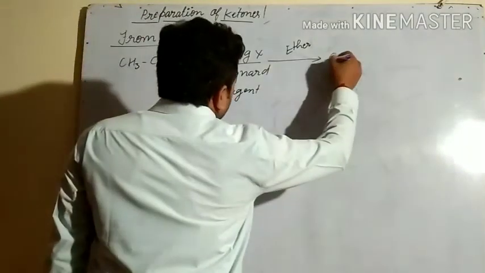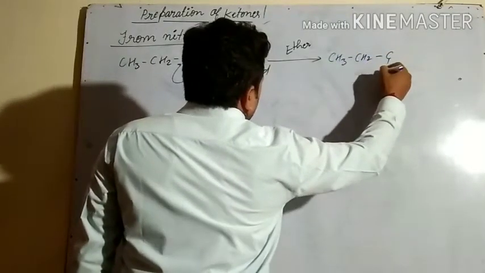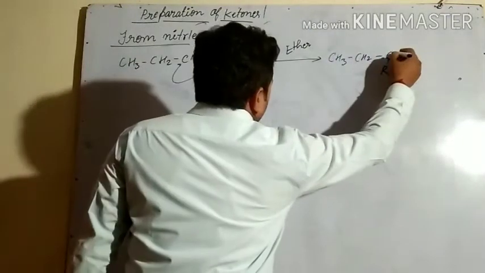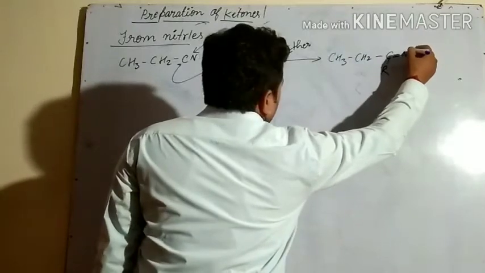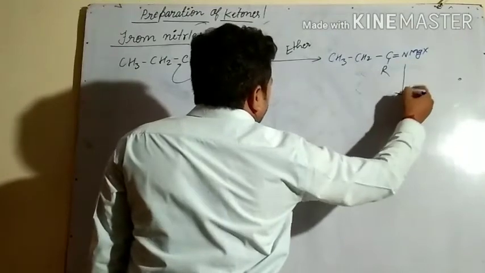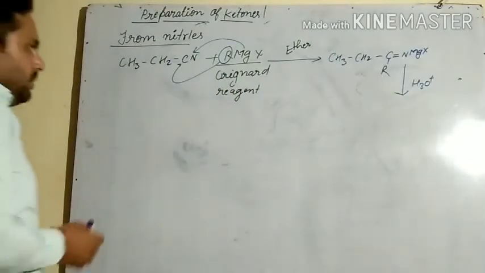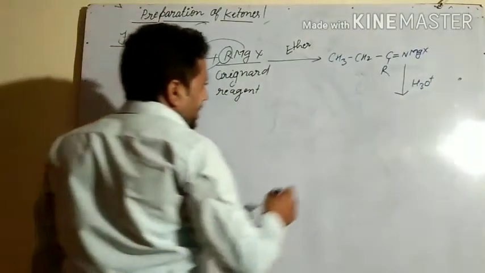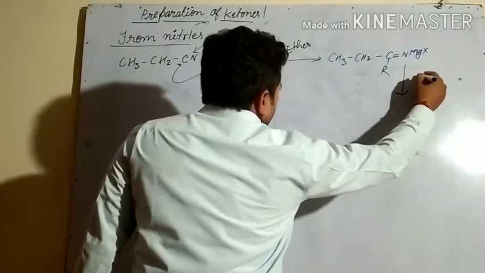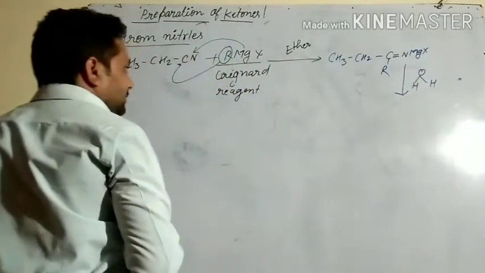So we can write this: CH3CH2C(R)=NMgX, followed by hydrolysis. Okay.